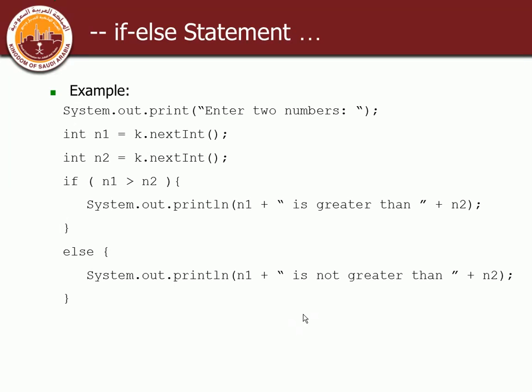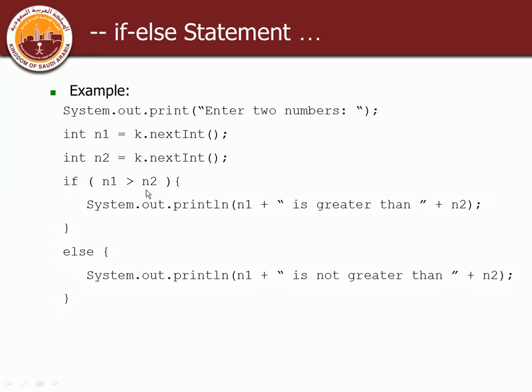Let's find out some examples. So you have this example where you read two numbers. You remember this k, probably it's a scanner, k equals new Scanner(System.in). It is not mentioned, but this is what you should understand of this k. So we're reading two numbers, and then I'm comparing the first number with the second number.